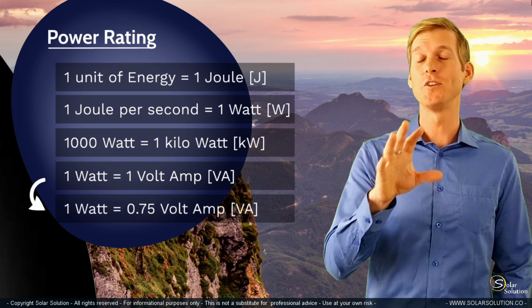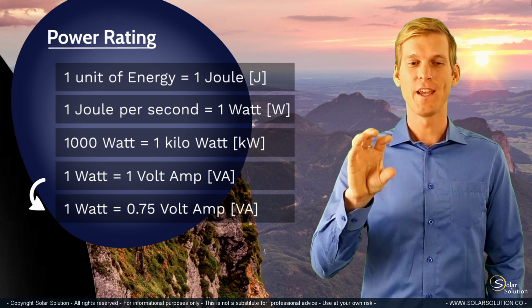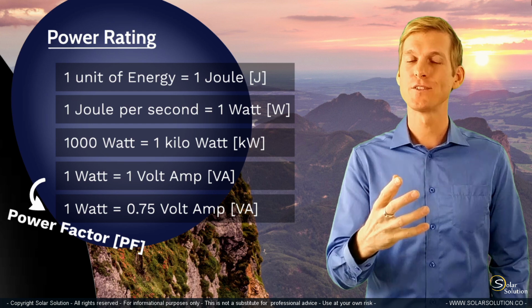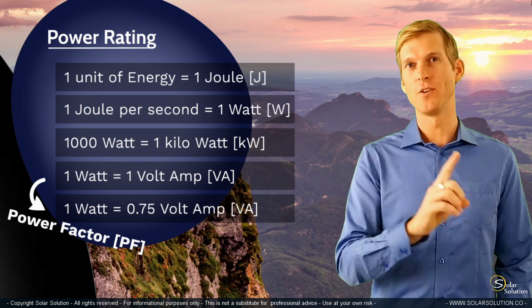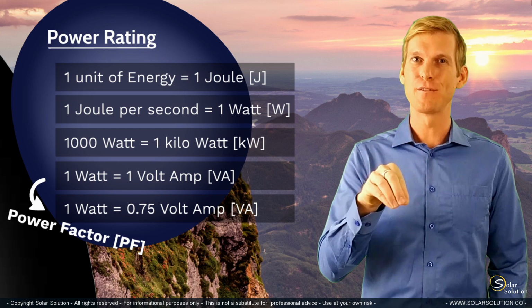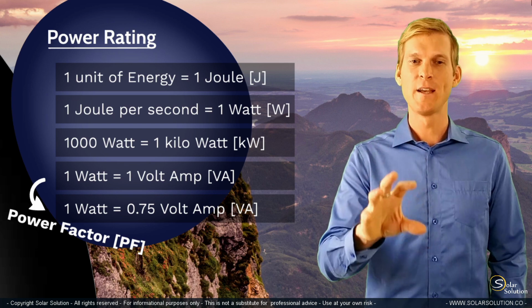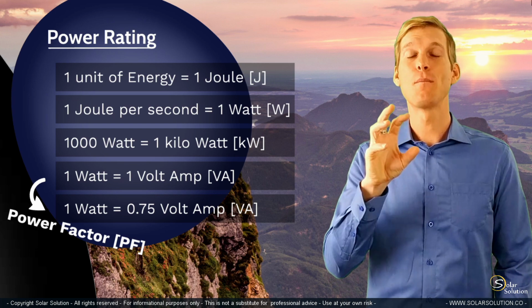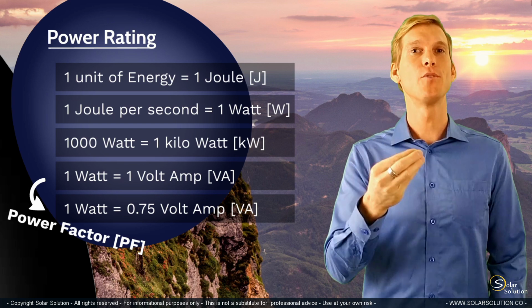Now, the exact ratio between the watts and the volt amps is determined by a factor which is referred to as the power factor. And the power factor is a value between 0 and 1. For now, I'm not going to dive too deep in this topic, but it's just important to realize that the power factor is determined by whichever kind of appliance you're connecting to your power source.